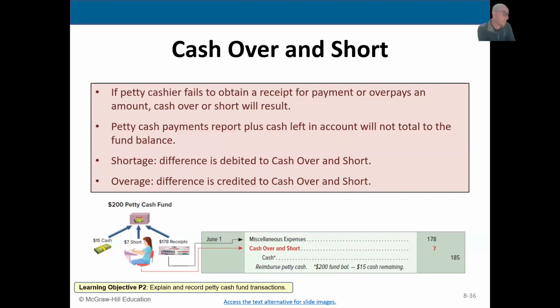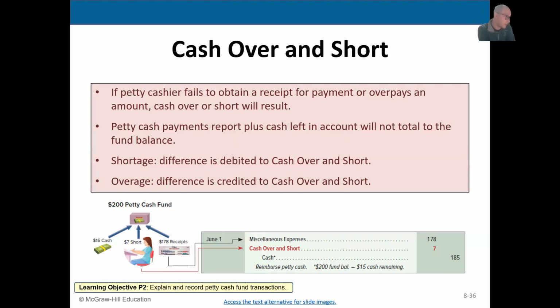If the petty cash fails to obtain a receipt, it'll cause the petty cash balance to be over. Petty cash receipts plus anything left will not be in the total fund balance. Okay.